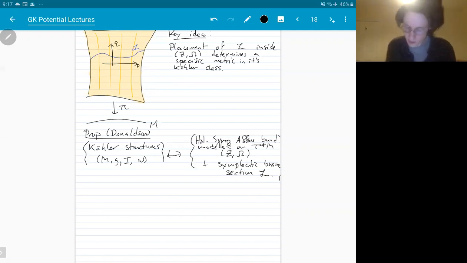In fact, Donaldson calls them not symplectic branes but LS submanifolds, because they're Lagrangian for the imaginary part and symplectic for the real part.